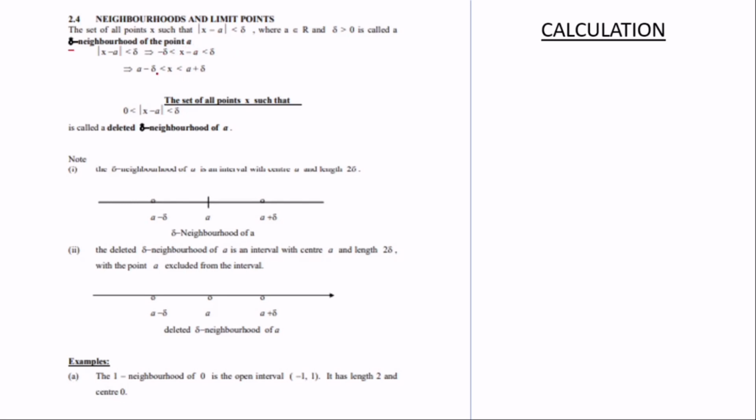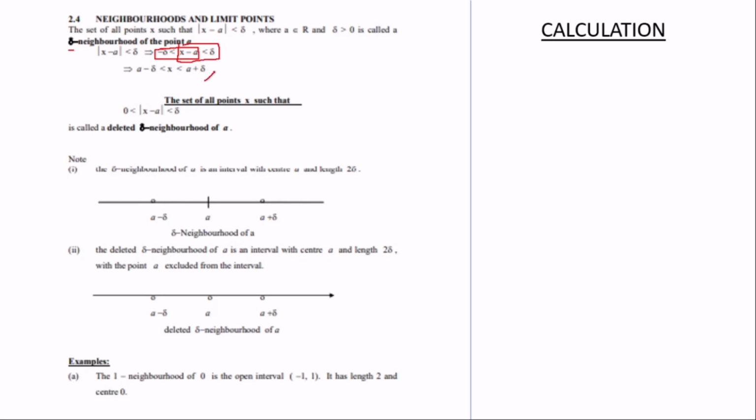And when you solve for each, you're going to get a minus sigma is less than x less than a plus sigma. You take this side and solve, and after that you take this side and solve. And when you do that, you're going to get the interval for this, right?